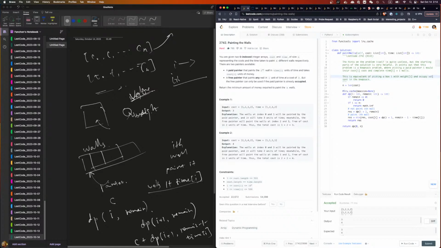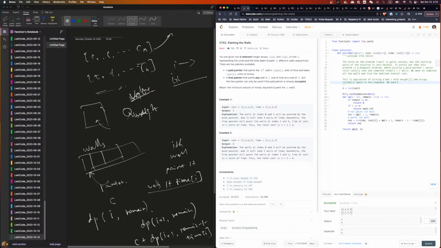Occupy, no, let's say volume I, right? Occupy volume I space in the knapsack. We want to complete all the walls and find the smallest overall cost.